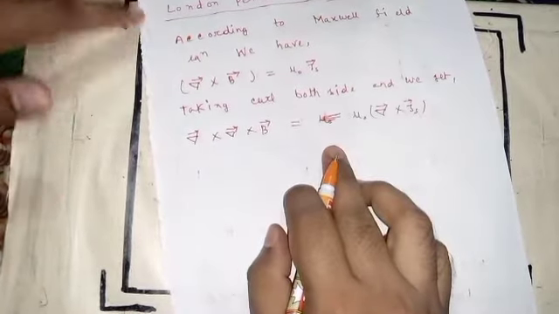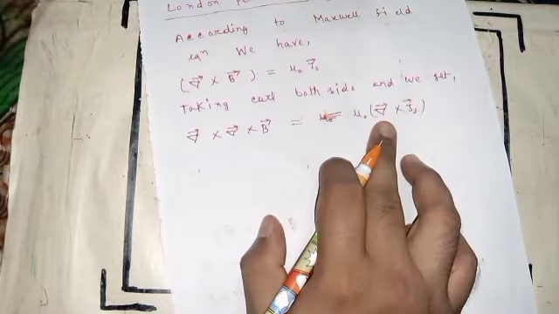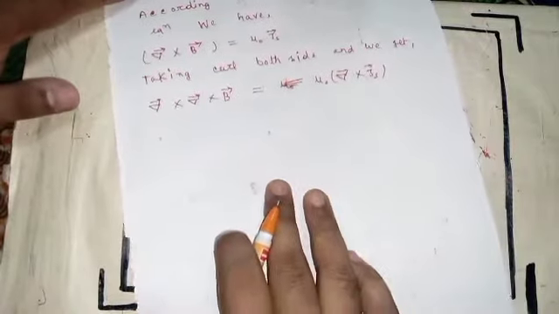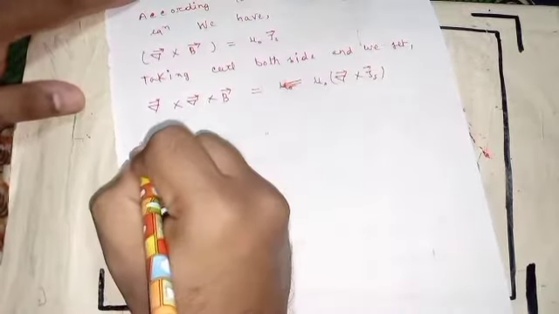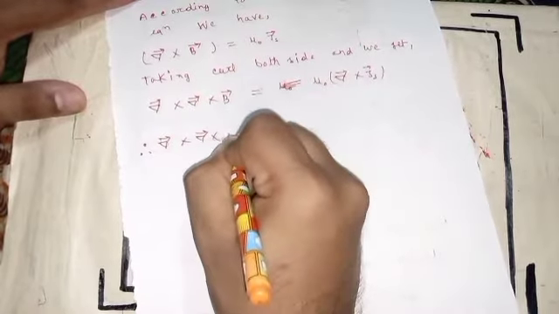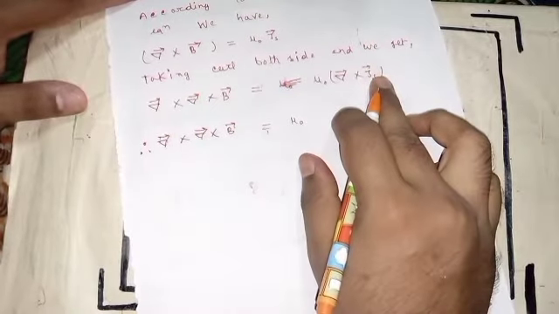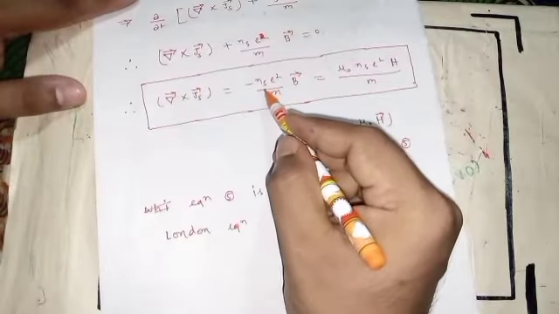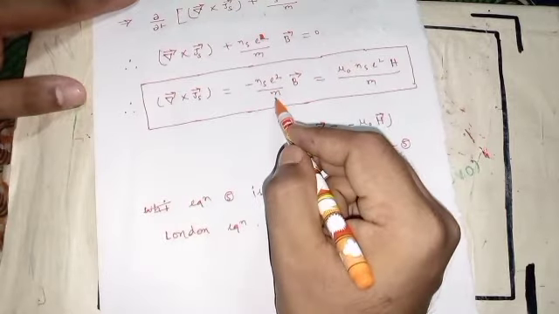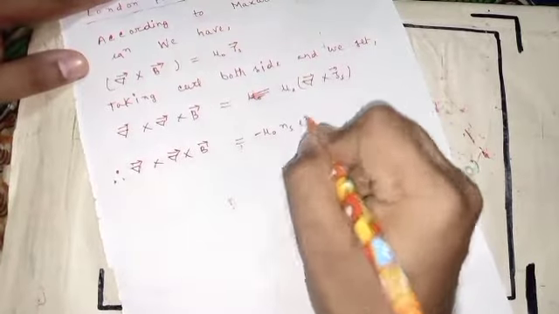Okay, now we substitute the value of curl of Js vector with the help of the second London equation. What did we get from the second London equation? Curl of B vector equals mu naught, and here we substitute the value of curl of Js vector. So this will be equal to minus ns e square by m B vector.